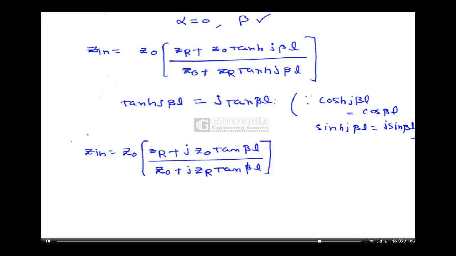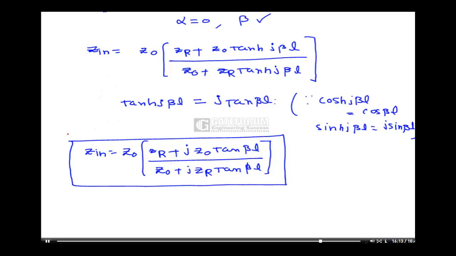So this is the input impedance of a lossless transmission line. Very, very important thing.